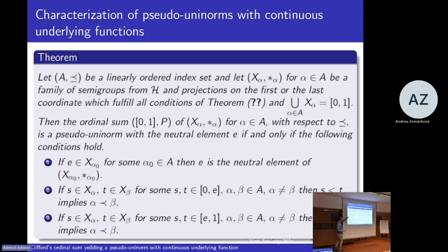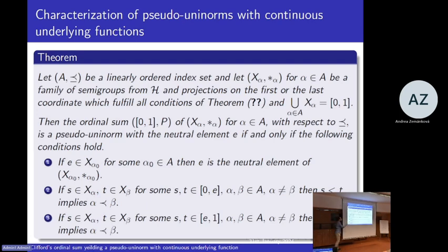Moreover, the order is important too. We found that when E belongs to some semigroup, it has to be the top element, it has to be the top semigroup, and also it has to be a neutral element. Otherwise, it will destroy all that we have done.